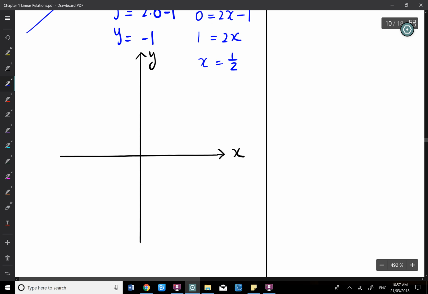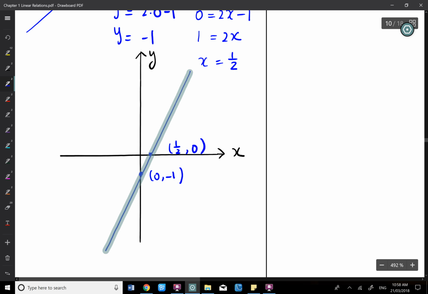So when x equals 0, y equals -1, we have (0, -1). When x equals a half, y equals 0, you have (1/2, 0). Because it's a straight line, we can just connect it like this.